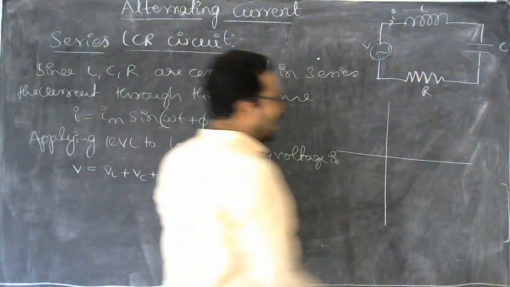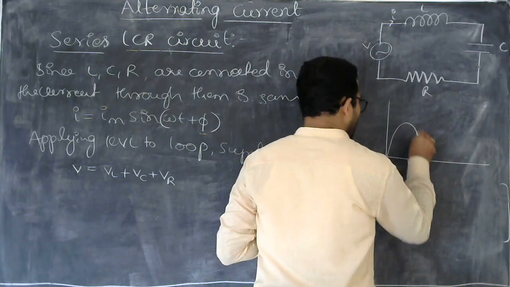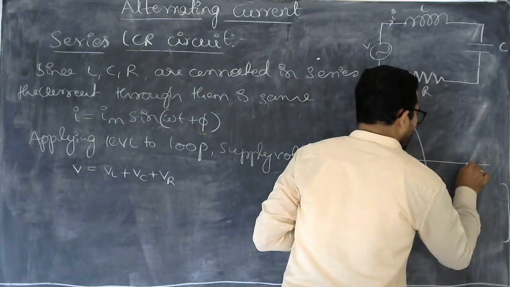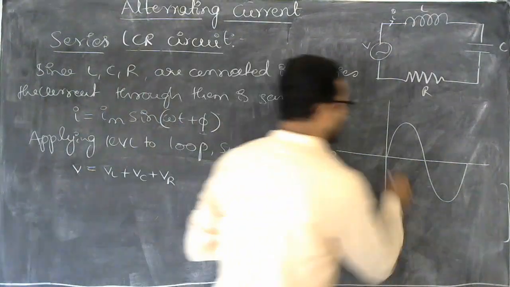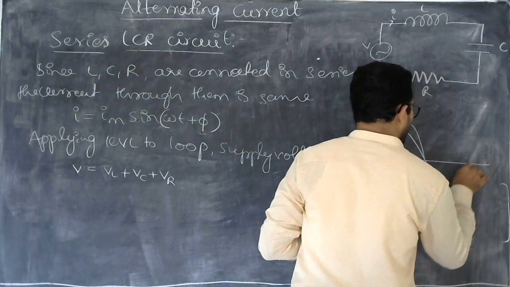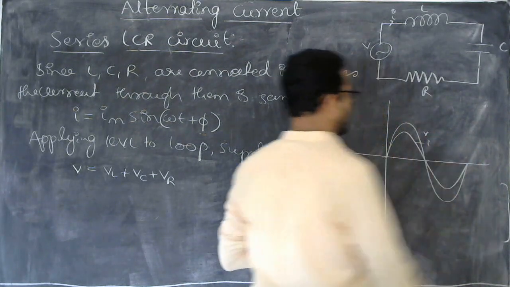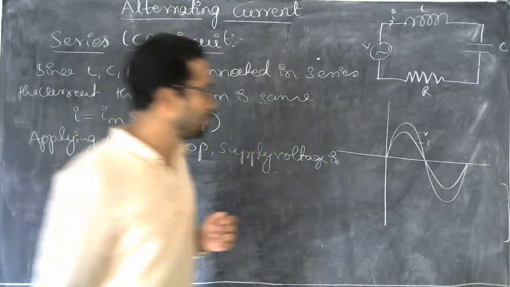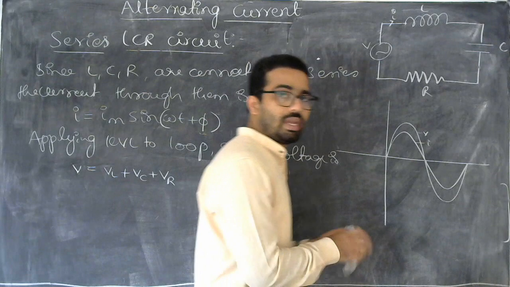Now let's take a wave. This is a curve for a sine wave for voltage. Let's take this is a sine wave for current. This is for voltage. This is for current. They are in phase.